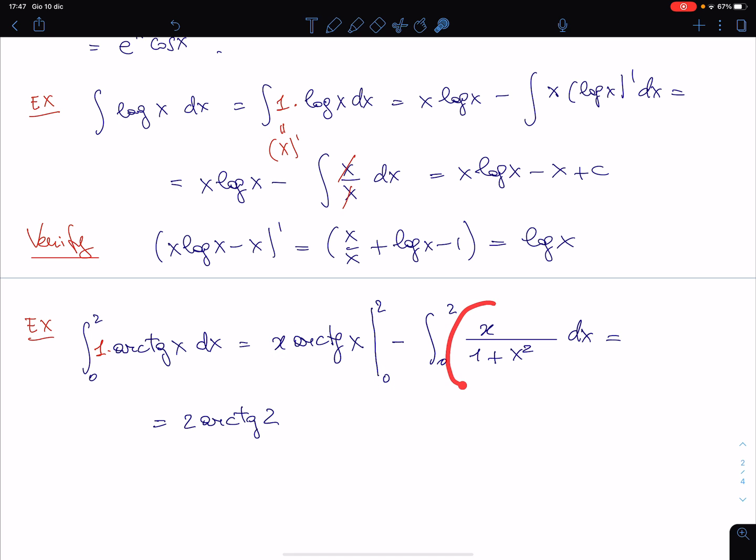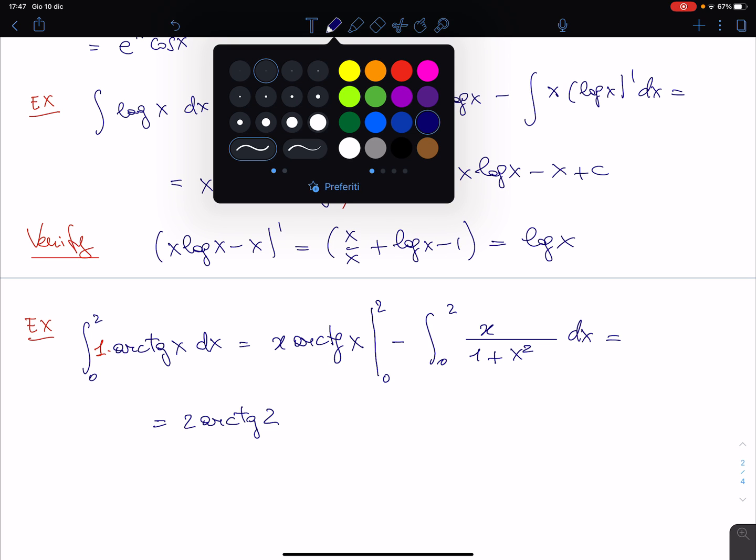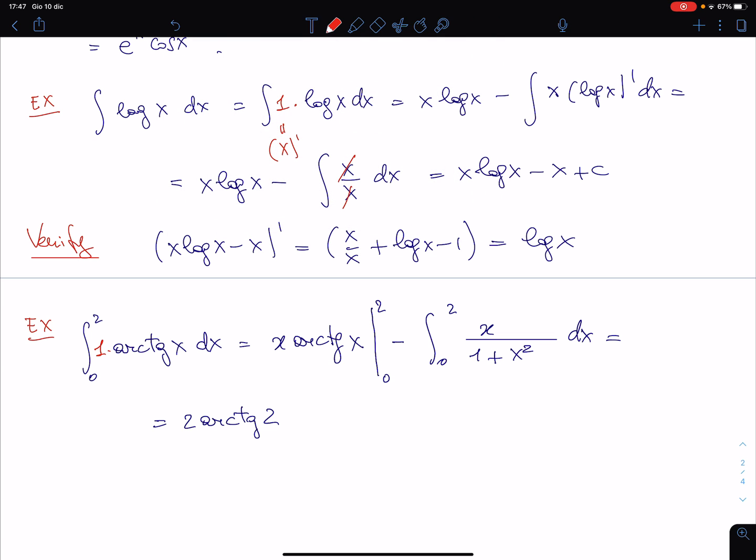Now you have to integrate this guy here, and this is a rational function. As we will see in the next video, you can always integrate rational functions, but here the main point is that in this rational function you basically have a numerator, the derivative of the denominator. Not completely, but the missing term is just a factor 2. So if here you imagine to have a 2, which means that you have 1/2 here.